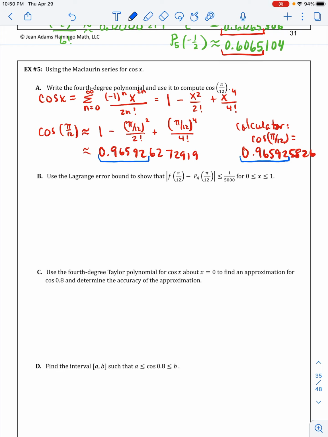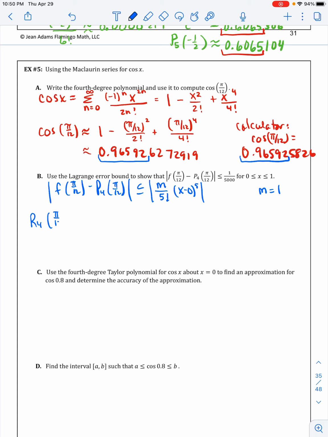And then it says, use the Lagrange error bound to show that the absolute value of f of pi over 12 minus the Taylor polynomial at pi over 12 is less than or equal to 1 over 5,000. So remember that the absolute value of f of pi over 12 minus p sub 4 of pi over 12 is less than or equal to the absolute value of the maximum. And since we went to the 4th power here, it would be over 5 factorial times x minus 0 to the 5th.